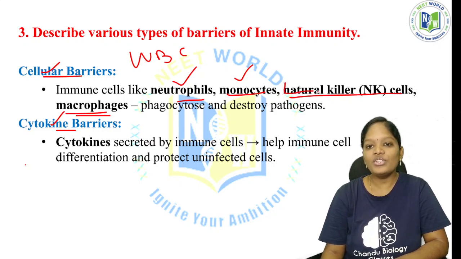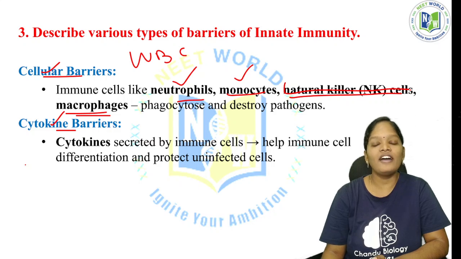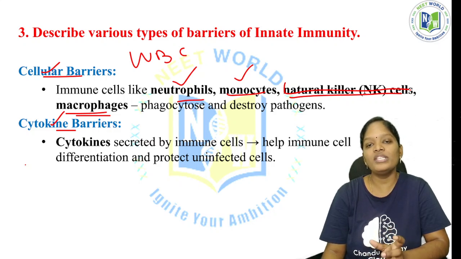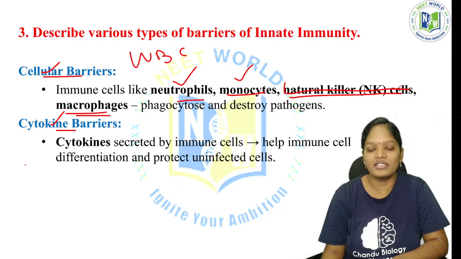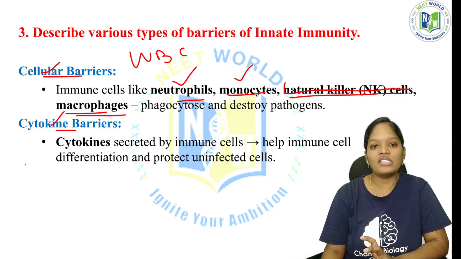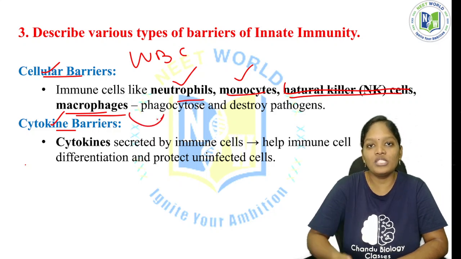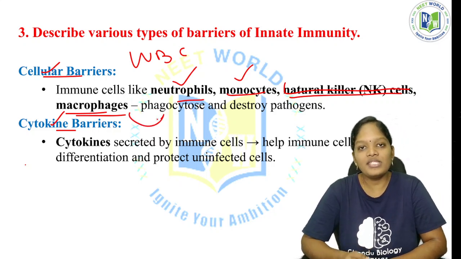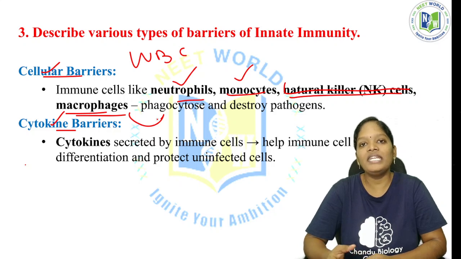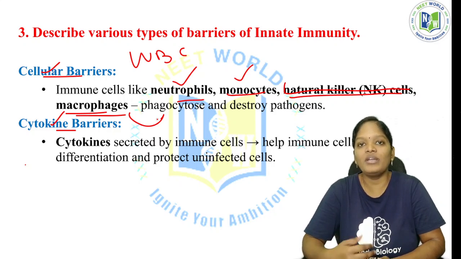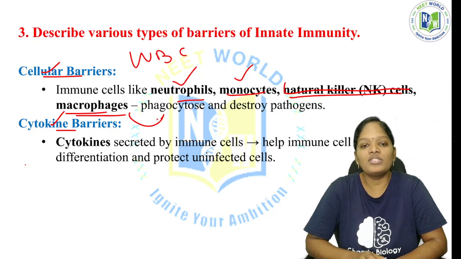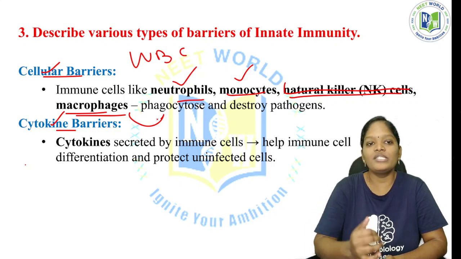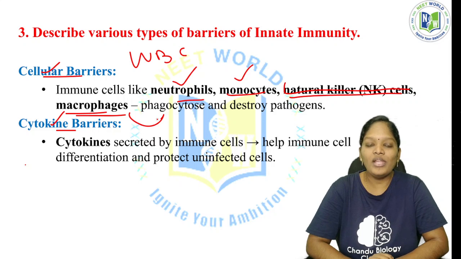Regarding the origin of natural killer cells, we didn't have proper information on who the progenitor is. All these are immune cells involved in the process of phagocytosis. Phagocytosis means engulfing the microorganism and digesting it. These are the cells coming under the cellular barriers.